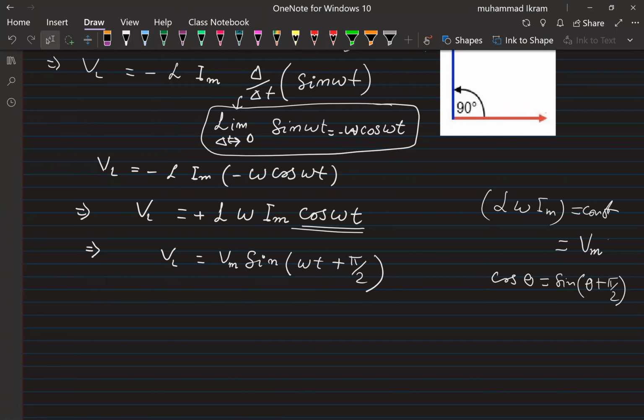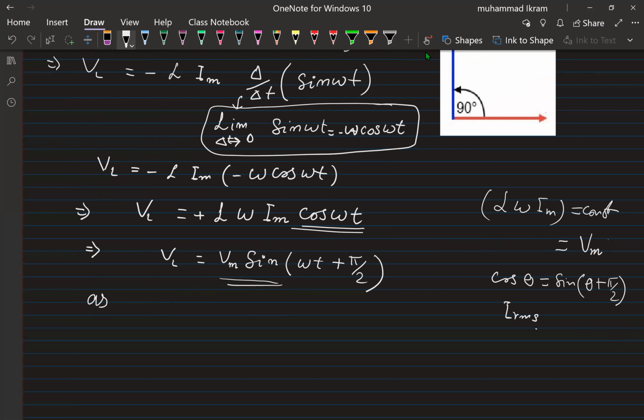Right, now also, if I replace this whole equation, the Im into the cos omega t, then the equation will become the VL into the R. Let us simply say, what is this? This will definitely cause the IRMS.